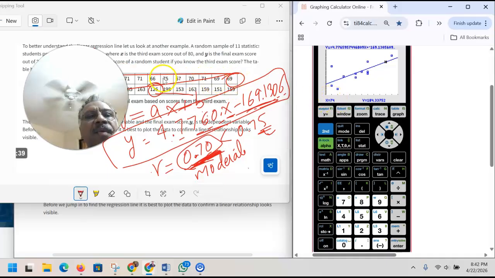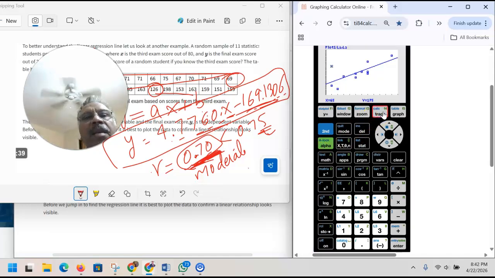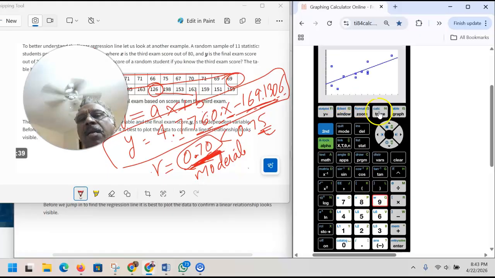Oh, we have 75. Maybe I made a mistake here. I have to take something like 80. Is there 80 there? No. So let's put a number, trace, enter. Sorry, I made a mistake. First, I have to go to zoom and make it stat plot 9. This is our regular one.